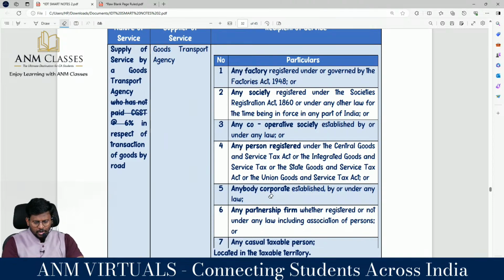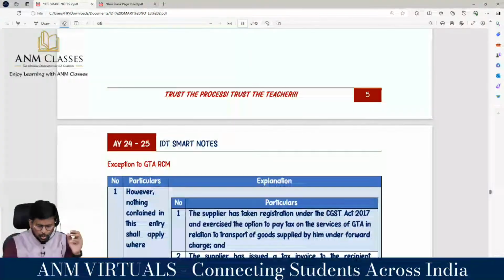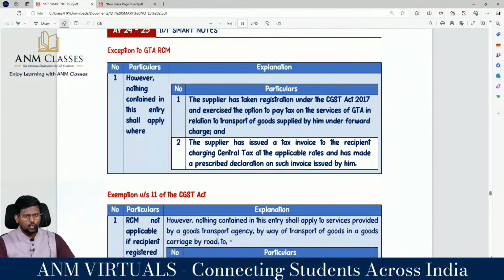Who are the people? Factory, society, cooperative society, registered person, body corporate, partnership firm located in taxable territory. So if the service provider is GTA and the service recipient is a specified person located in taxable territory, the specified person located in taxable territory is the person liable to pay.